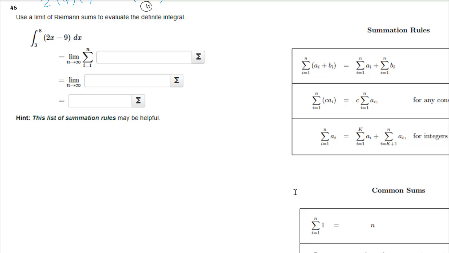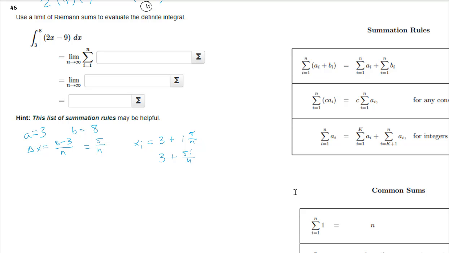First of all, we have that a is equal to 3 and b is equal to 8. And so delta x is equal to 8 minus 3 over n, or 5 over n, and x sub i is equal to a, which we know is 3, plus i times delta x, which is 5 over n, so that's 3 plus 5i over n.